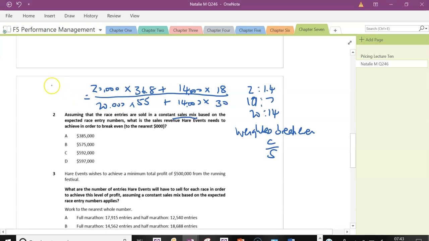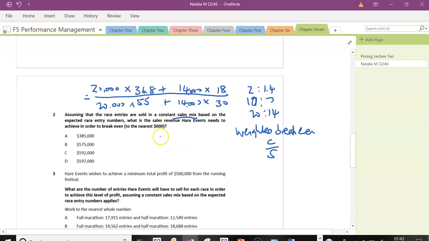And then find your C over S ratio. I know this is going to work because this is the total contribution divided by the total. This is one great way to do it, but I'm just going to go a little faster. The ratio is 2 to 1.4, or 20 to 14, or 10 to 7. It doesn't really matter.